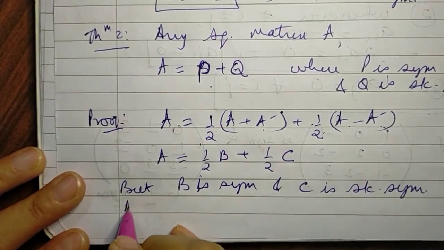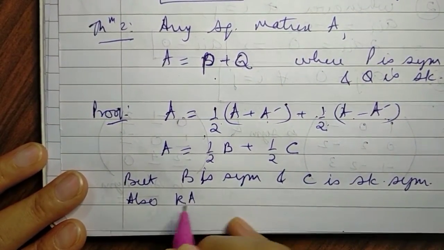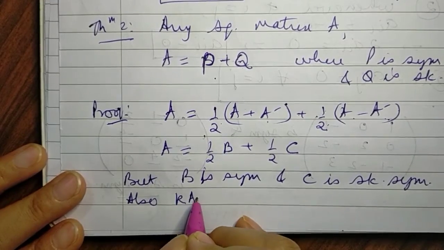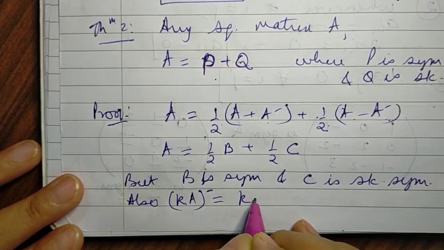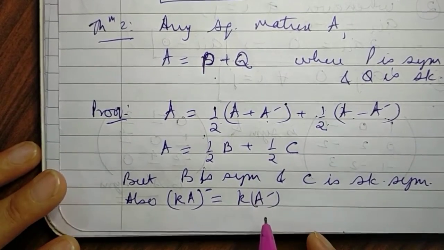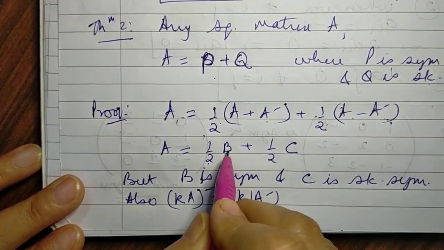Also we know that K times any matrix, if you find its transpose, is K times the transpose of that matrix. So if you do a scalar multiplication, what do we see?